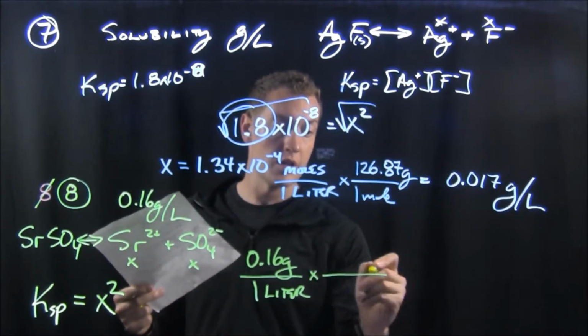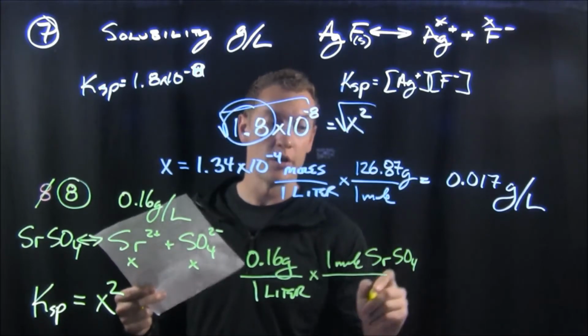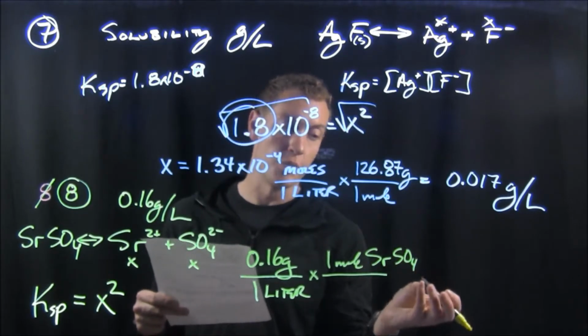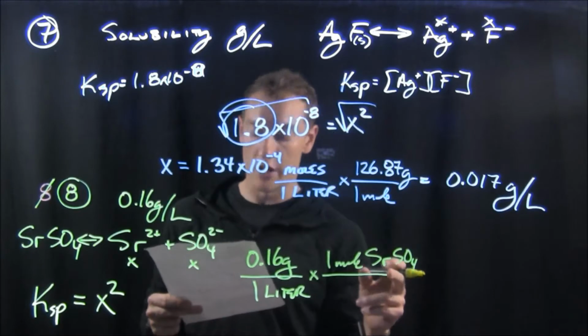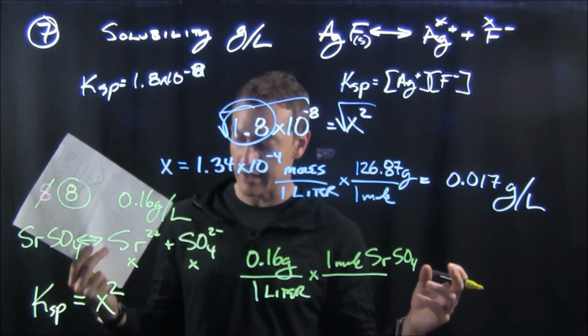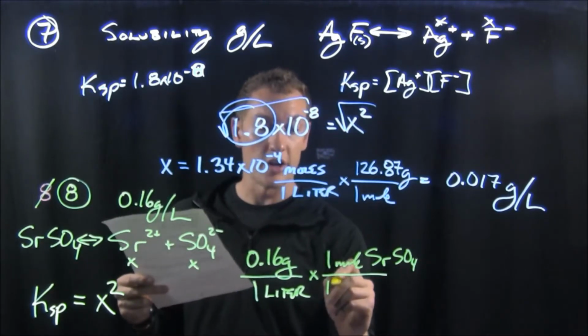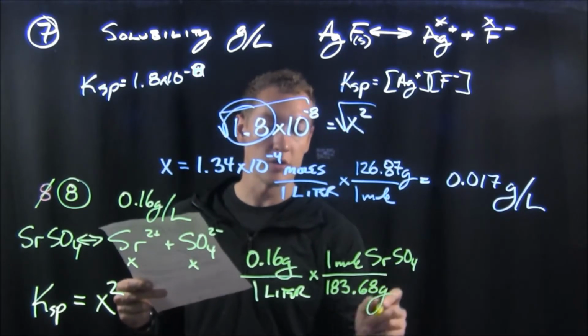So times, and then it's 1 mole of strontium sulfate for every however many grams. Sulfur's 32.06, oxygen 16.00, strontium it's like 86, 87 out. But strontium sulfate, 1 mole of it weighs 183.68 grams.